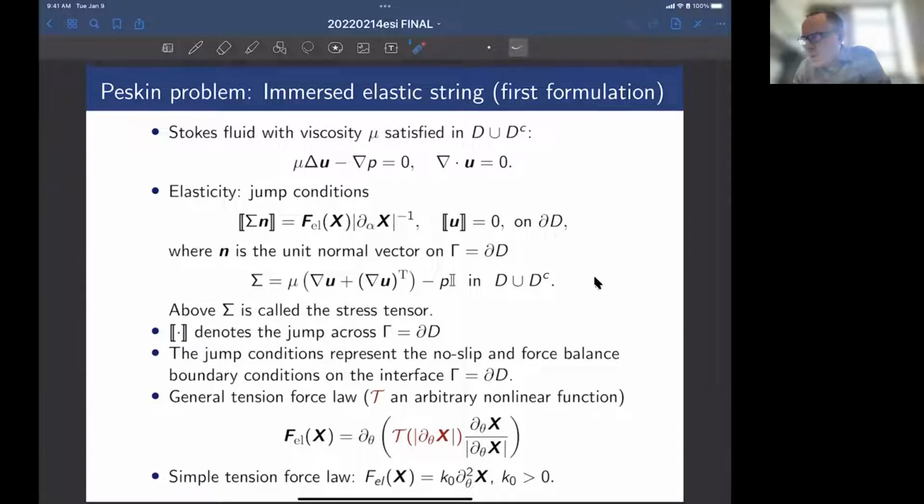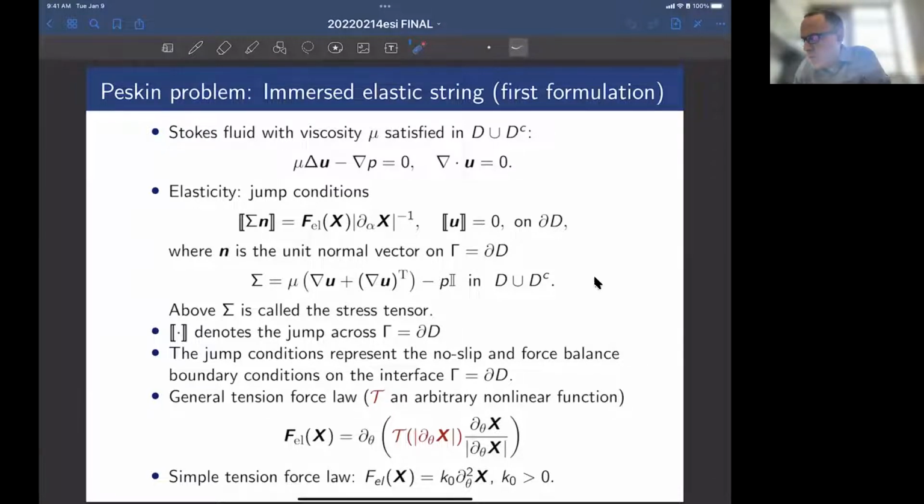The stress tensor sigma is the viscosity times gradient U plus gradient U transpose, minus the pressure. N is a unit normal vector on the boundary, and the jump of sigma N is equal to F, where F is a force, the tension times the derivative of X. We also have the no slip condition that the jump across the interface of U is equal to 0.